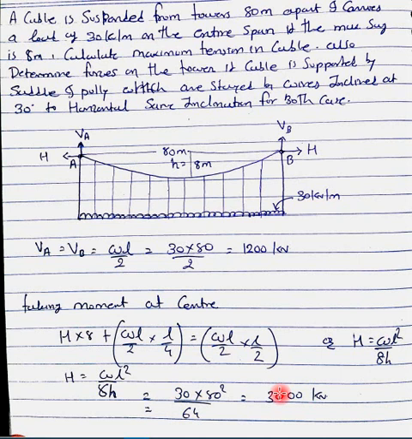In this case I have taken a cable whose ends are at the same level. So let's start the example. As you can see here, there is a cable having both ends at the same level, and it is subjected to a UDL of 30 kN per meter, and the distance between our two towers is 80 meters.